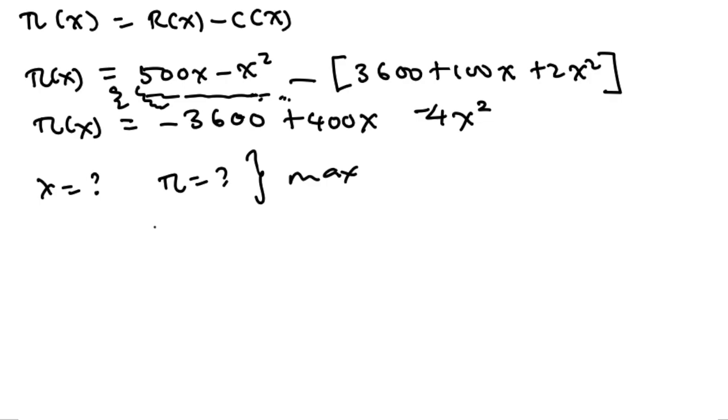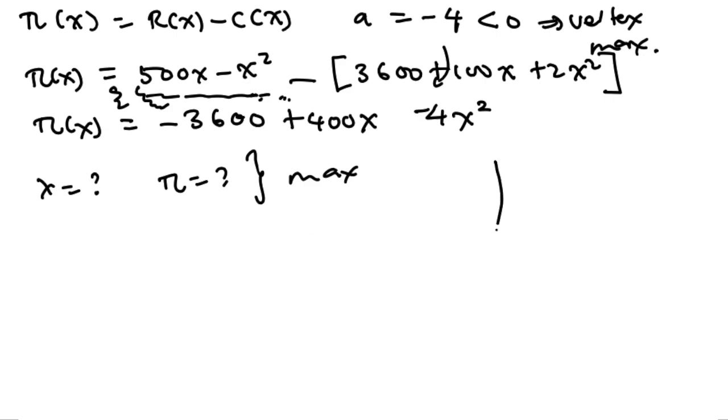How do you know? Because a from this function is minus 4, which is less than 0, so the vertex is a maximum point. Now find the vertex. If you try to visualize it, you have x here, you have profit here.